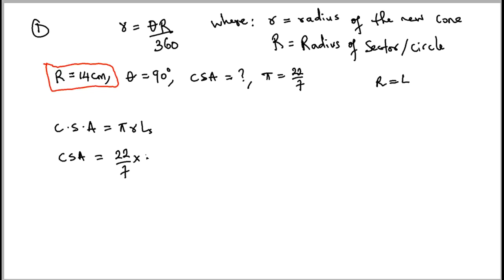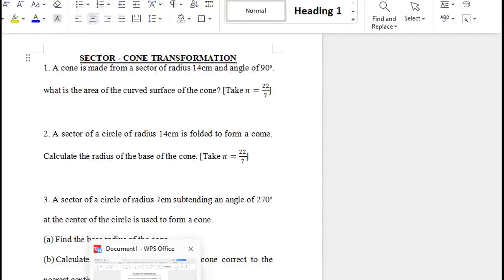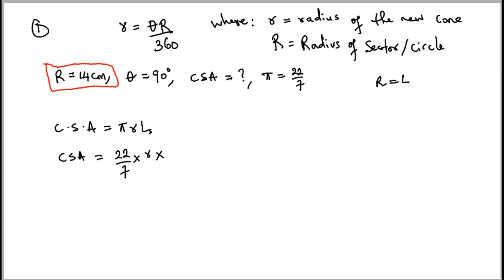I don't have my r, so times what is the slant height? Wait, what do we have to find here? We have to find the area of the curved surface.